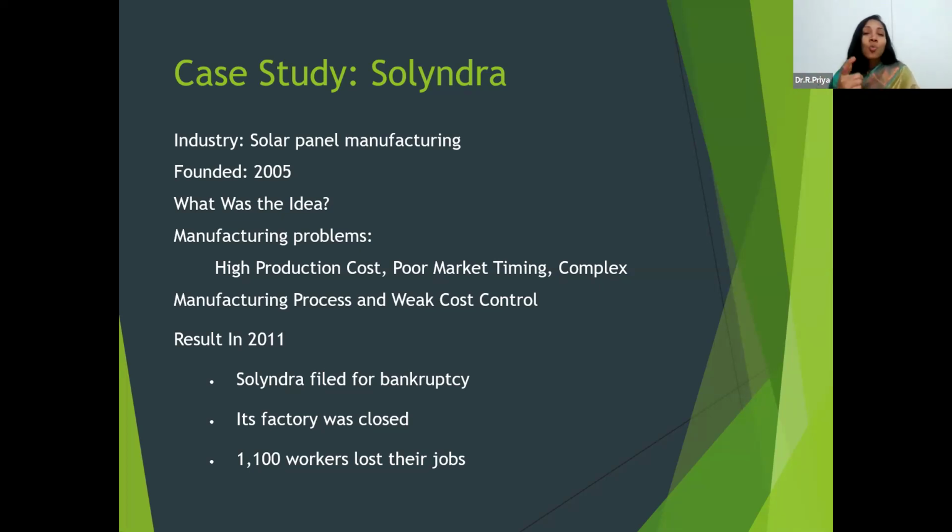Okay, so what went wrong? The government always supported them, and they planned very well, but what went wrong? Despite being environmentally friendly, Solandra failed due to engineering and manufacturing problems. So what are the problems? First, high production cost.